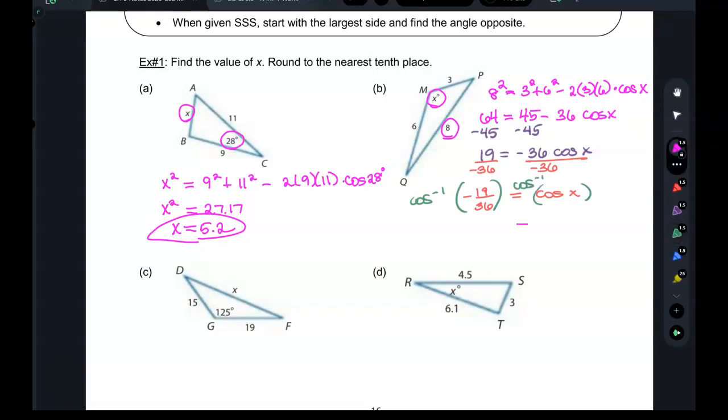You don't have to show this step. 121.9. We're rounding to the tenth place. Good. And that was an angle measure, degrees. If you don't put the degrees, no worries.